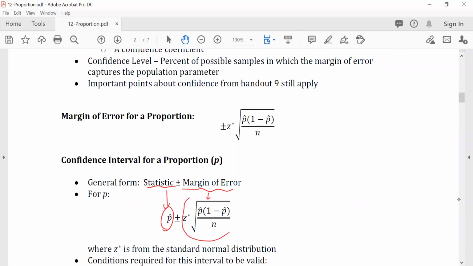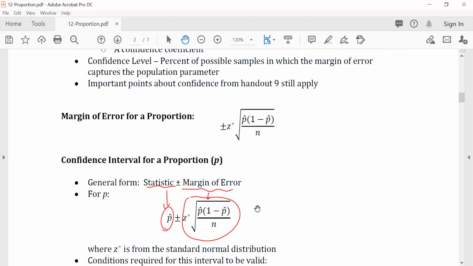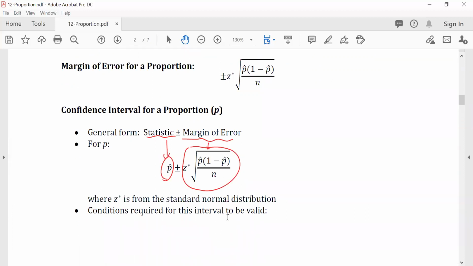If you still remember, the margin of error is the numerical indication of a distance from the true parameter. So this is the margin of error of the proportion, where Z stands for the standard normal distribution, because the sampling distribution is normal, so we use this Z here.